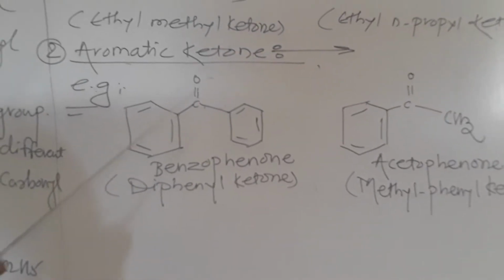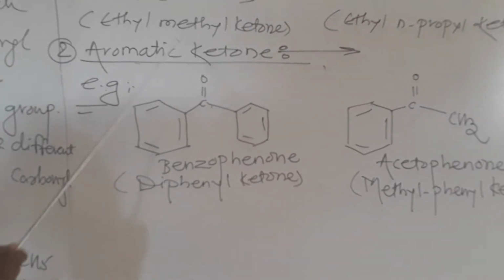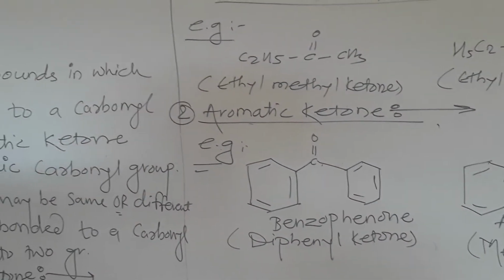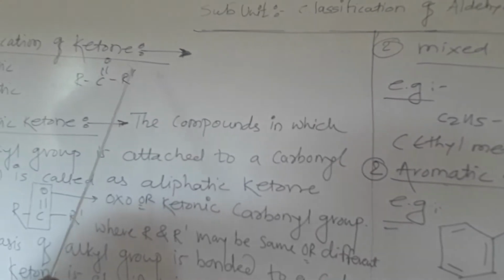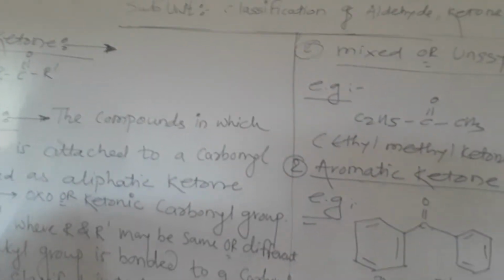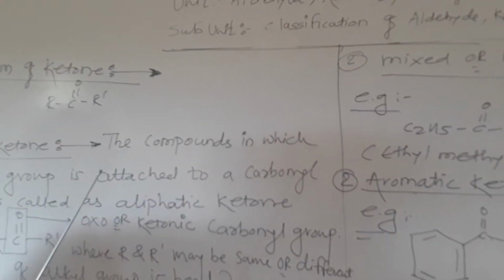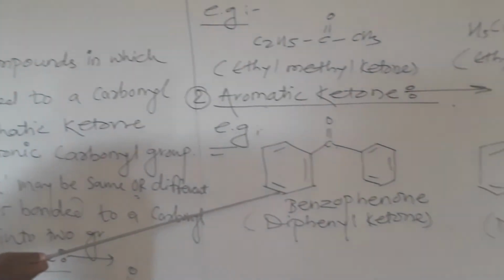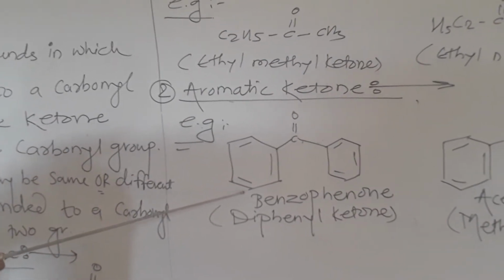No doubt, in this ketone, instead of this alkyl group, in this alkyl group there is a presence of at least one aromatic ring in it. The first example of these aromatic ketones is benzophenone.